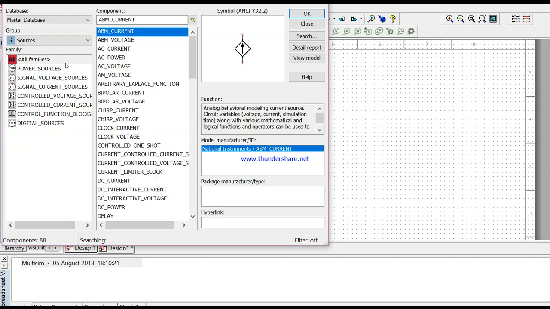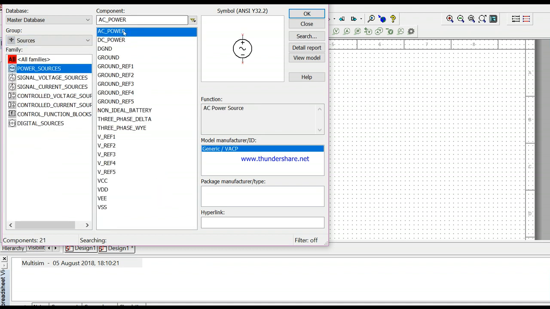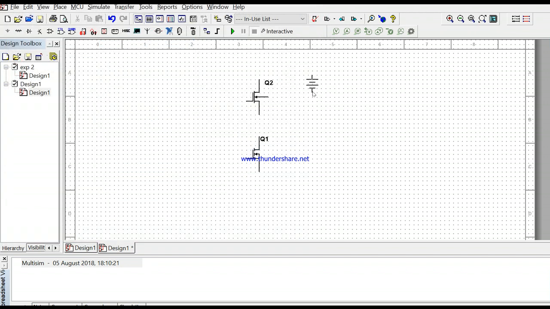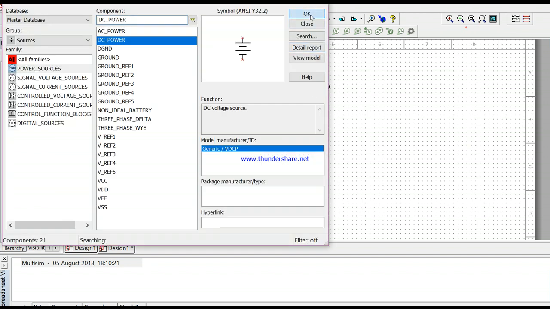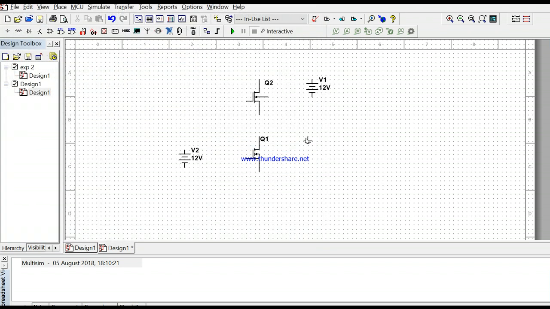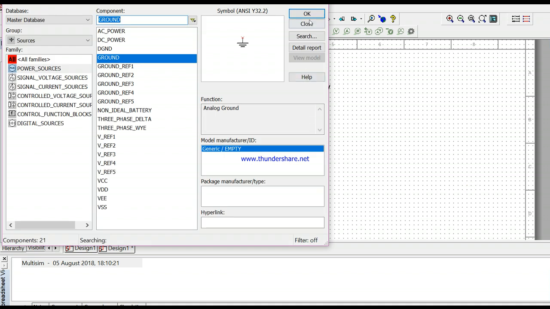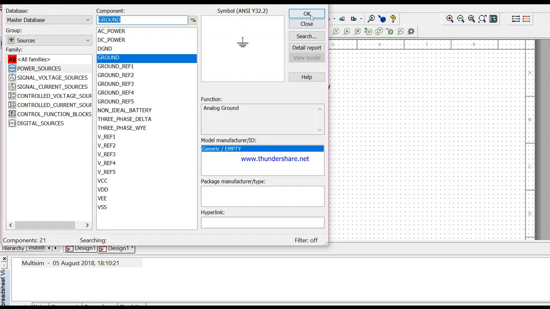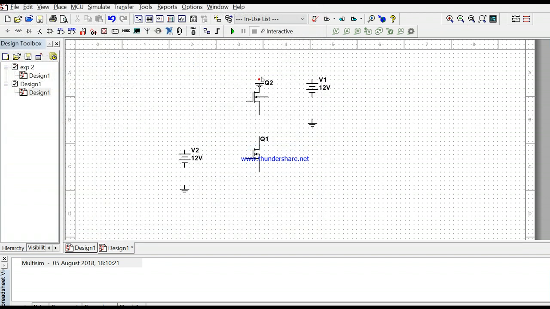Going to the source, power sources, DC power, we take the required DC powers. Then we'll go to ground. Connecting all this.